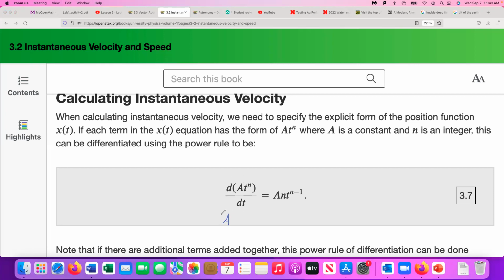So this a can come out, and what we're left with is d by dt, derivative in time of t to the n power, right? d by dt of t to the n with a out in front.